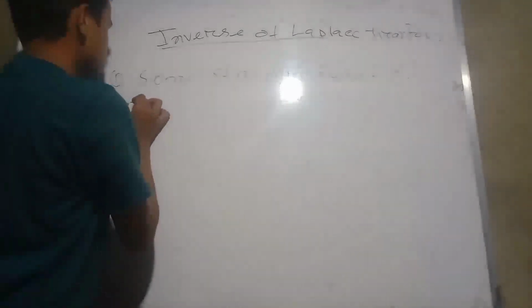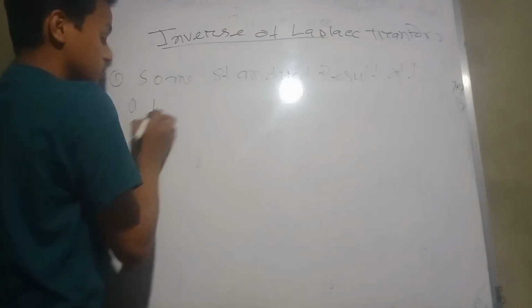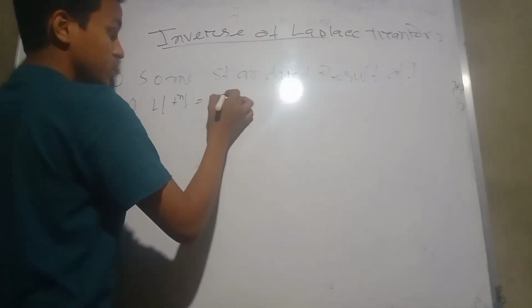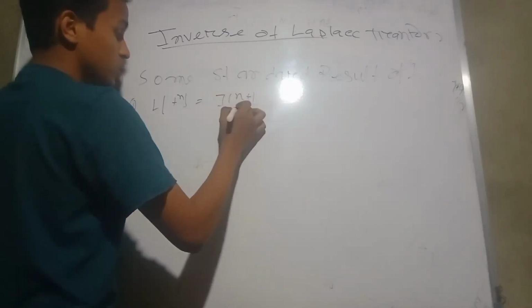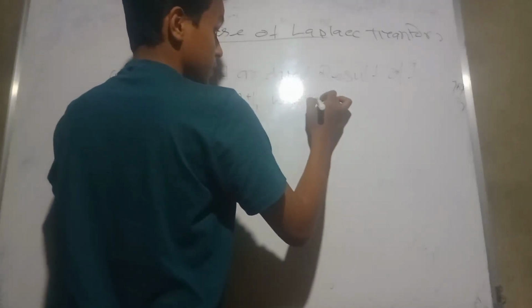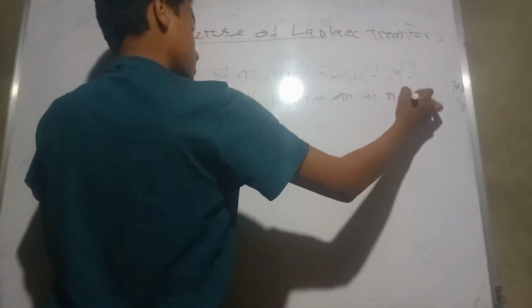So we are here. Now we are finding the inverse of Laplace transform. We know that first, the Laplace transform of t to the n equals what? Gamma of n plus 1 upon s to the n plus 1, where n is not an integer.